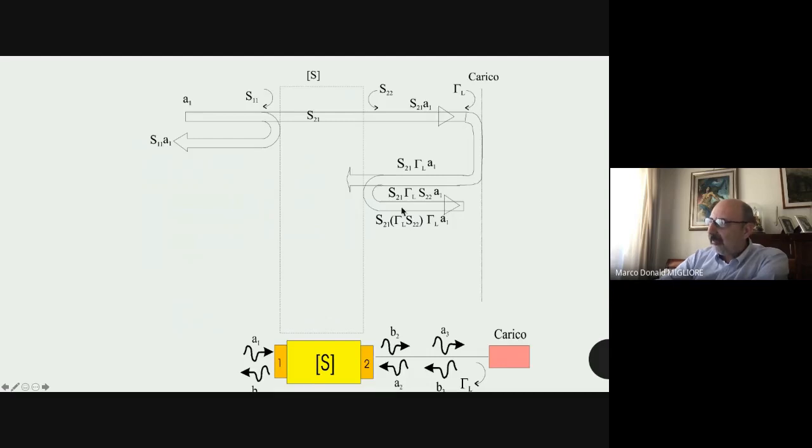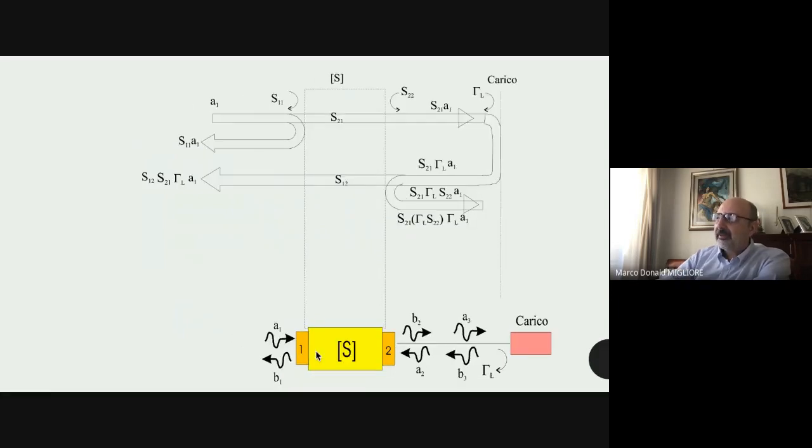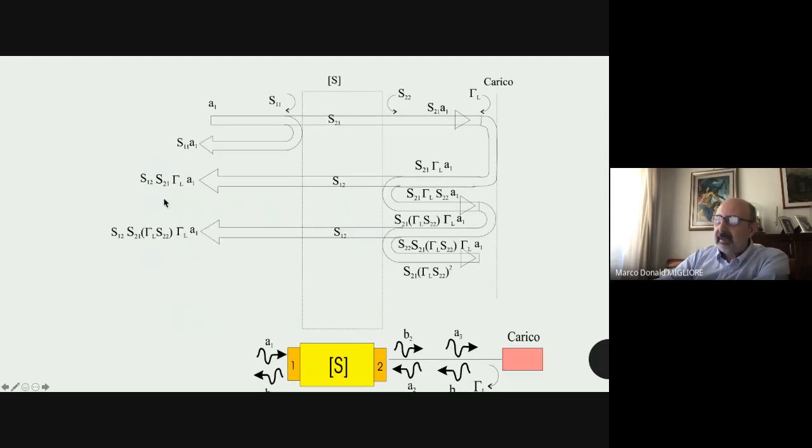We have another reflection, and part of the signal goes through this equivalent device and arrives to the receiving section. So this means that at the receiving section, we have the interference between this signal and this signal.